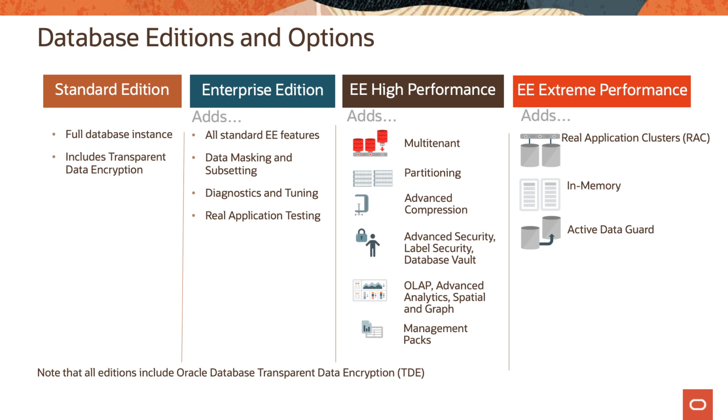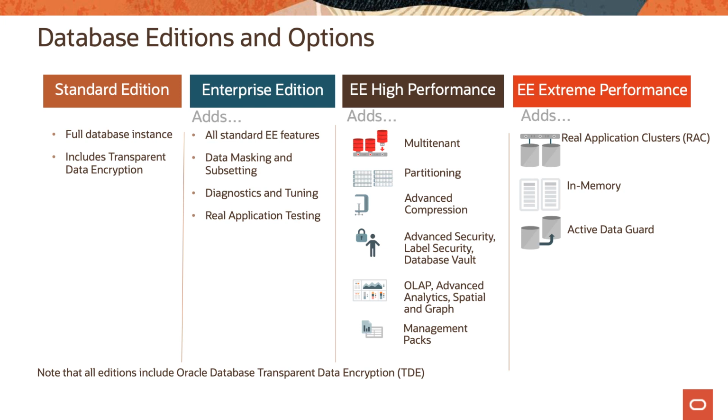And for customers that are used to deploying Oracle Database Enterprise Edition on premises, you are probably aware that you need to license the additional Enterprise Manager packs like data masking and subsetting, diagnostics and tuning, real application testing separately before you start using it on premises. But on OCI, you get this additional functionality bundled during the deployment of database enterprise edition on OCI.